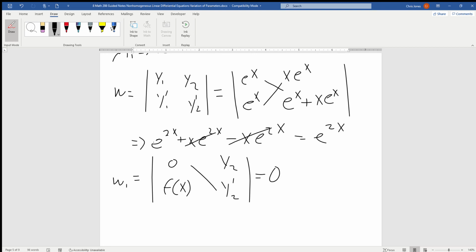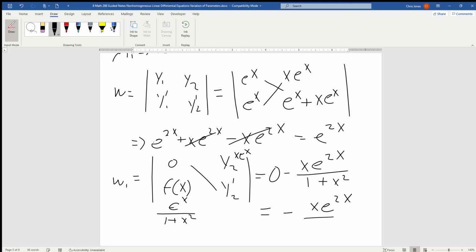And if we cross up, remember f of x is e^x/(1 + x^2), and y2 was x e^x. So that's going to be 0 minus x e^(2x) divided by 1 + x^2, or negative x e^(2x)/(1 + x^2).